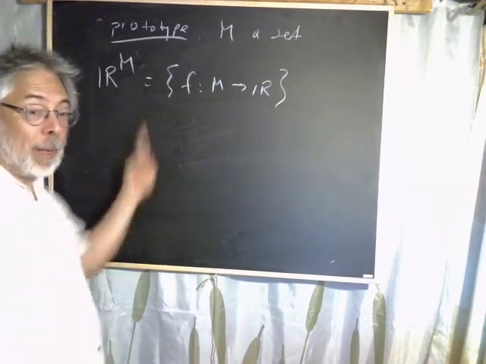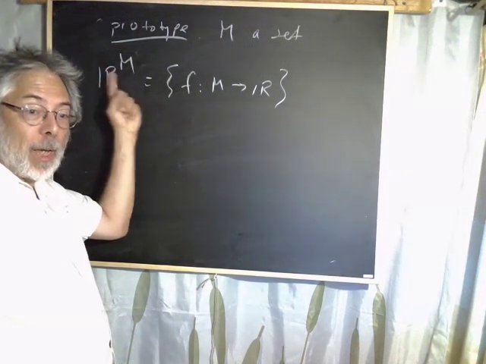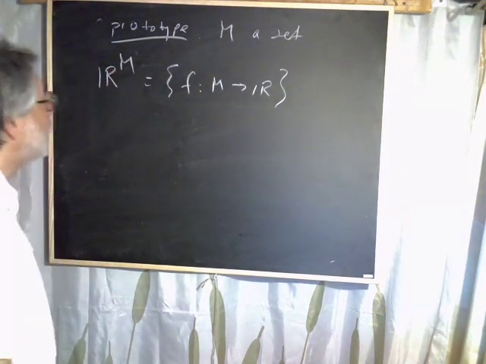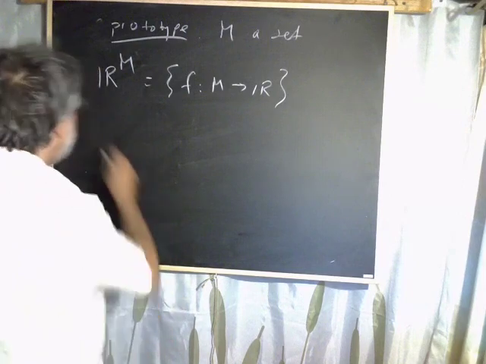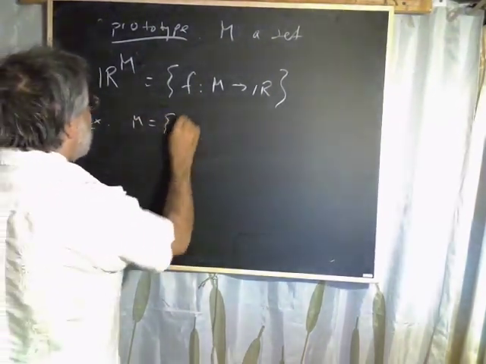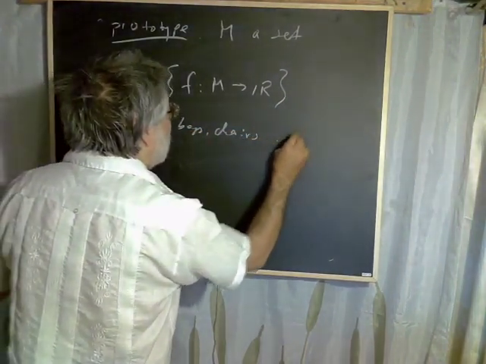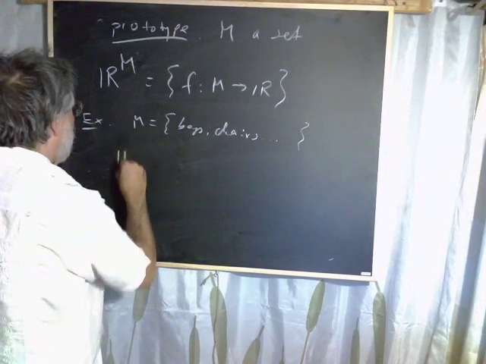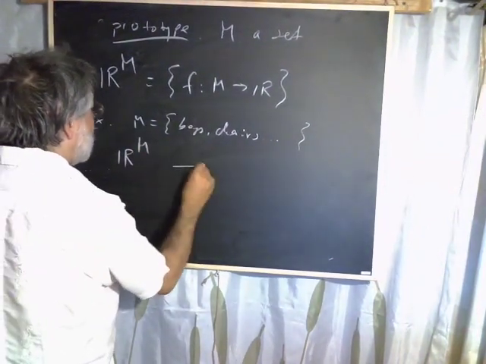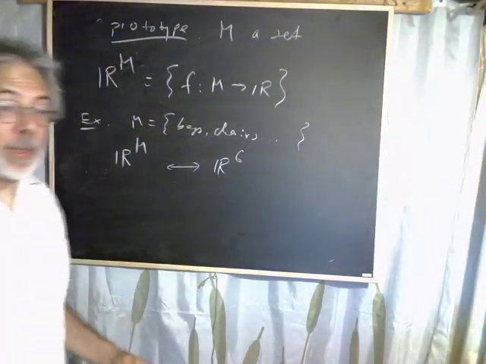In the example, M is the set of bags, chairs, hats, and so on, the set of 6 elements that we had. This R to the M would correspond to tuples with 6 entries of real numbers.